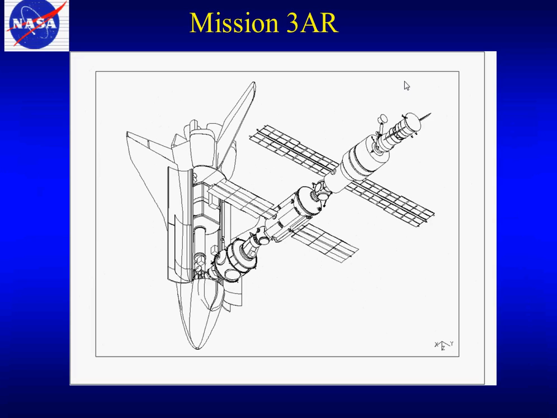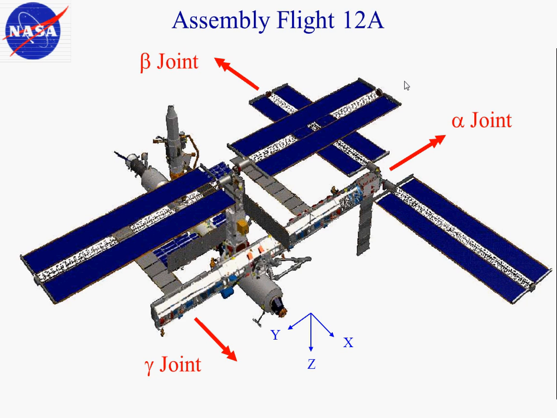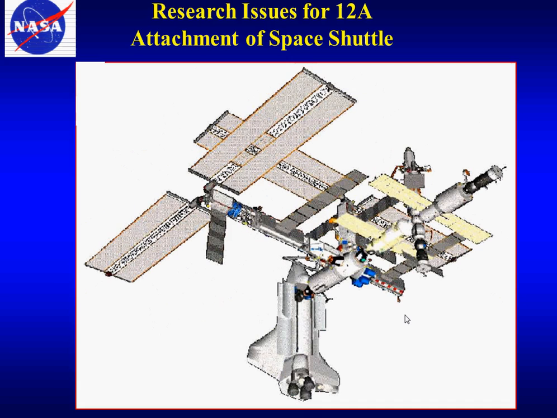So these are the basic concepts that NASA had to assemble this station up to mission 5A and finally mission 12A. When you have mission 12A, you have a lot of bodies and different structures to hold it all together, and the blue panels are the solar panels that actually collect energy from the sun to produce electricity.